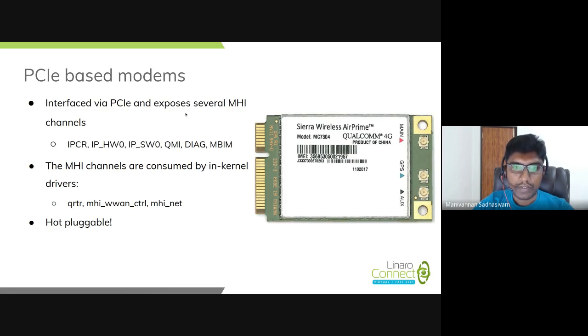And these expose several MHI channels, such as IPCR, IP hardware software, and QMI, DIAG, MBIM, etc. These MHI channels are consumed by the in-kernel MHI client drivers such as QRTR that consumes the IPCR channel and the MHI WWAN control driver that consumes the IP hardware and software channels, etc. And finally, there is an MHI net driver that exposes the network interface to the host machine.